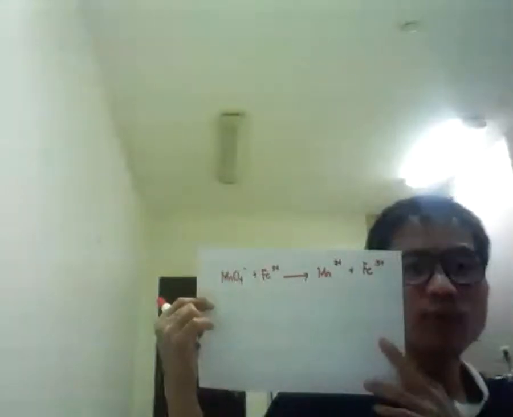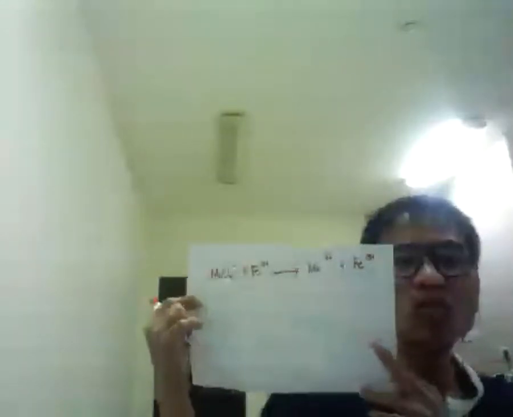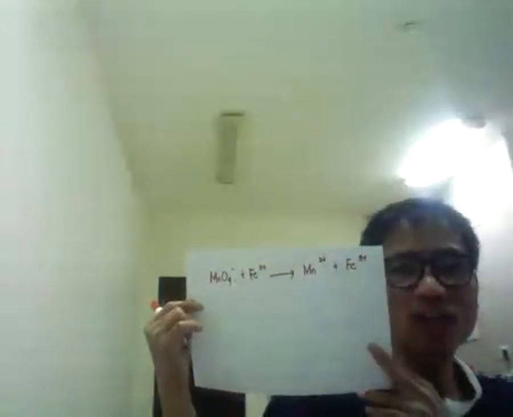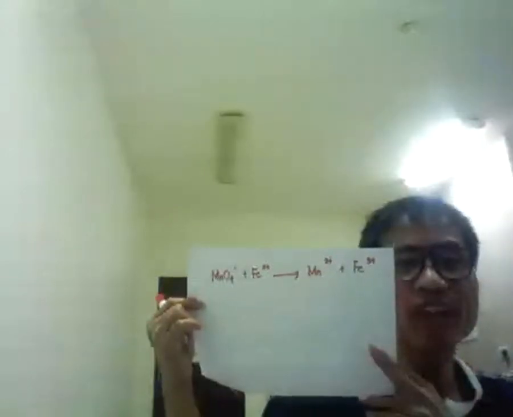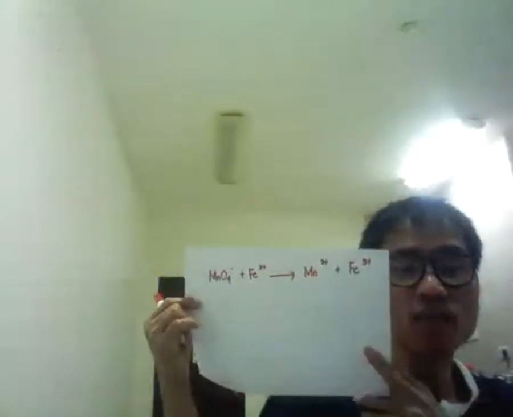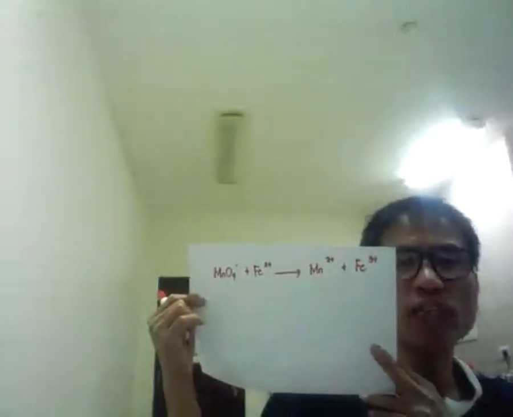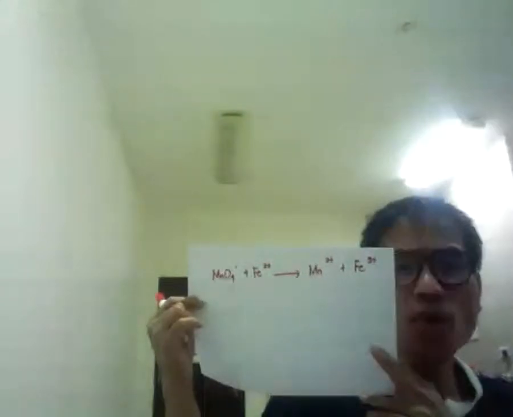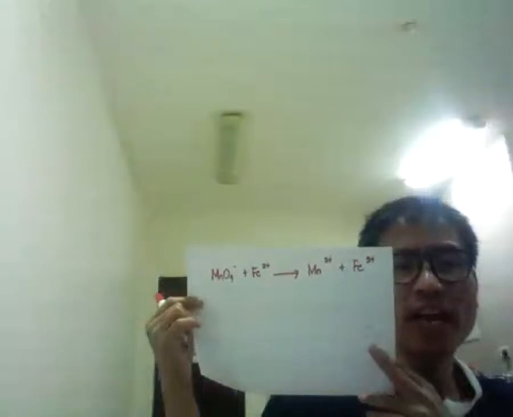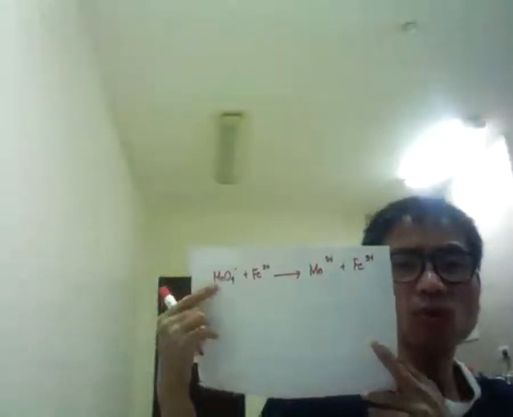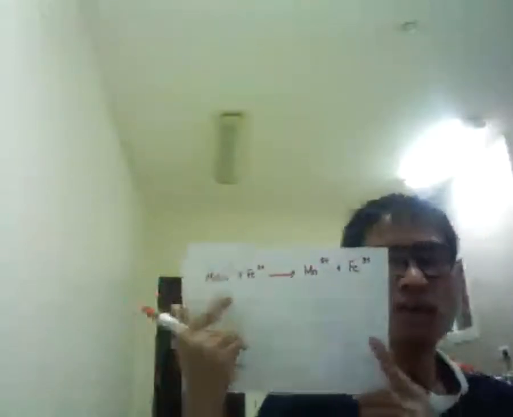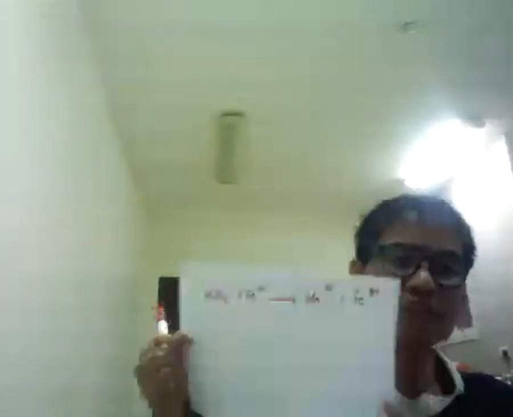We need to balance the oxygen. What is the rule in redox? If we balance oxygen, we need to add water on the side that has no oxygen atoms or is deficient in oxygen atoms. So we need to add 4 moles of water, or 4 H2O, and put that on the product side.